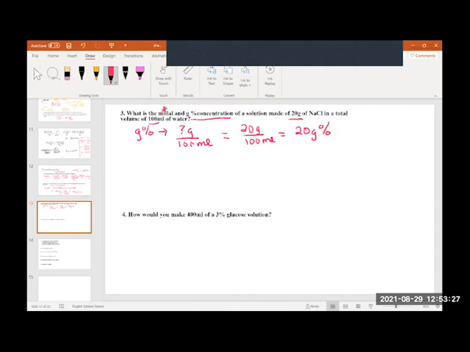Now, the more challenging problem is calculating molal. Molal is the number of moles per kilogram of solvent. Now that's different than molarity. So molarity is number of moles per liter of solution.